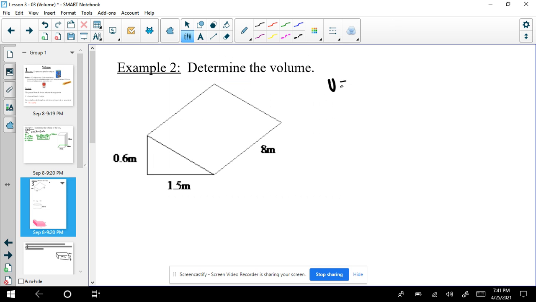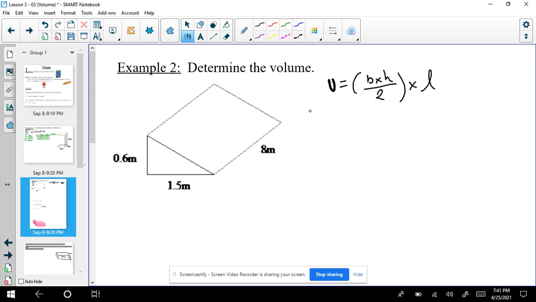The area of our base. For a triangle, it's always base times height divided by 2. And then we would multiply it by what would be our quote unquote height. We're just going to put an L because at that point it kind of looks like a length.